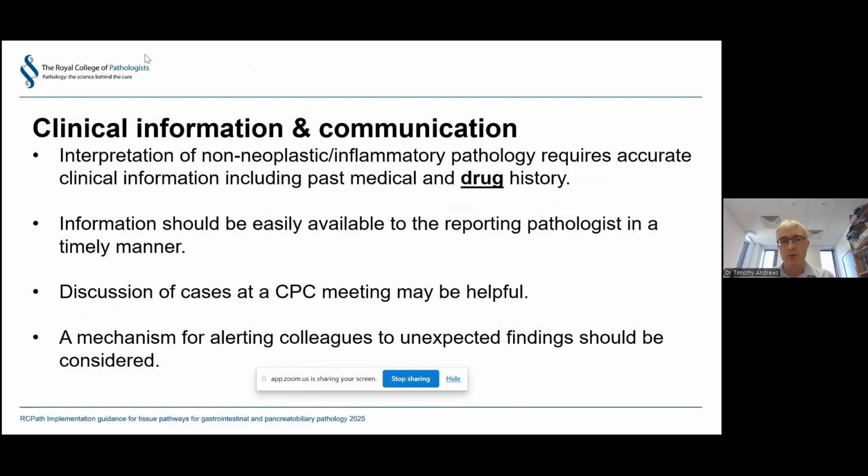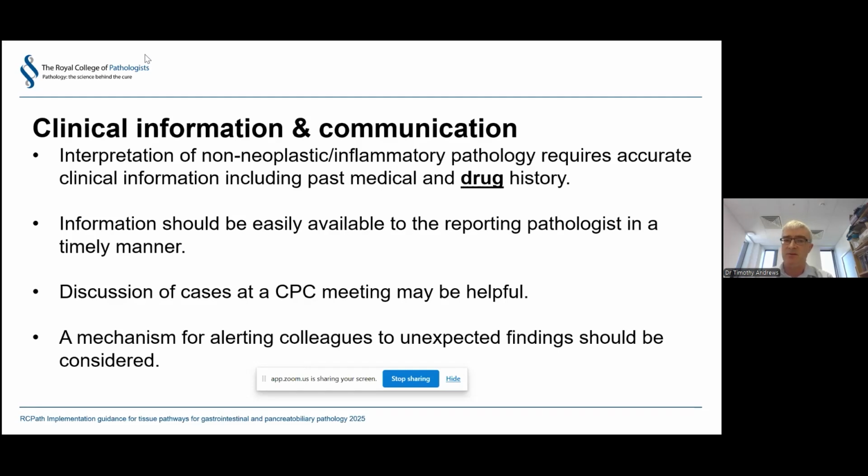So first general point, and I would hope this goes without saying, is that clinical information and good communication between pathologist and requesting clinician are essential in the handling of these specimens. Certainly the interpretation of non-neoplastic and inflammatory pathology requires accurate clinical information, particularly perhaps thinking about the context of inflammatory bowel disease, and obviously past medical and drug history are particularly important.